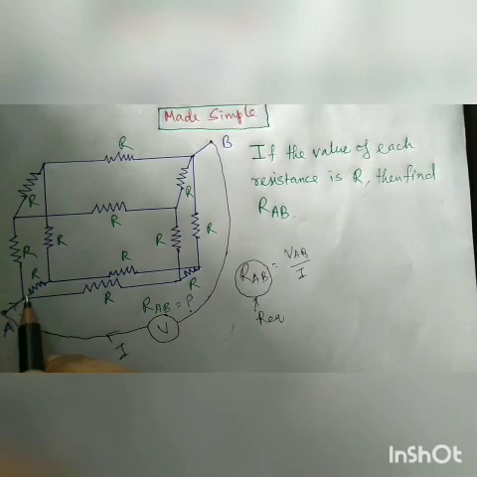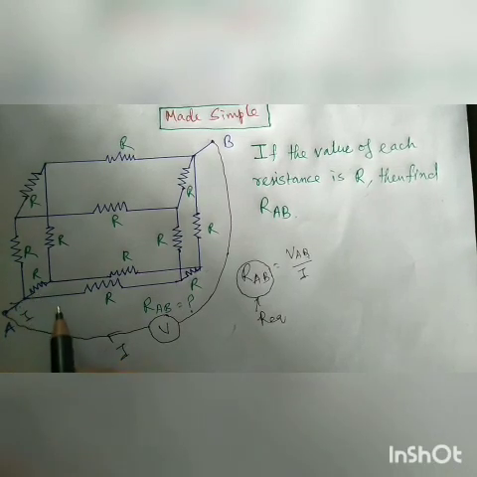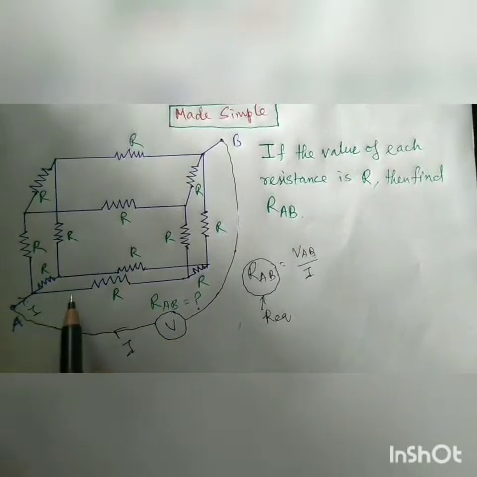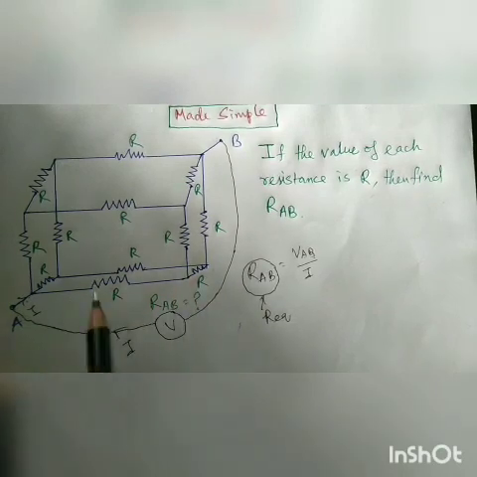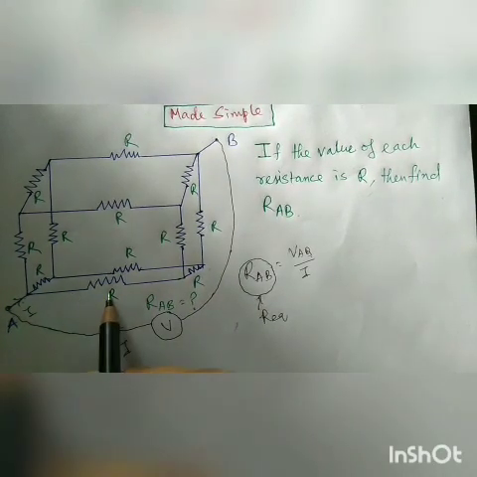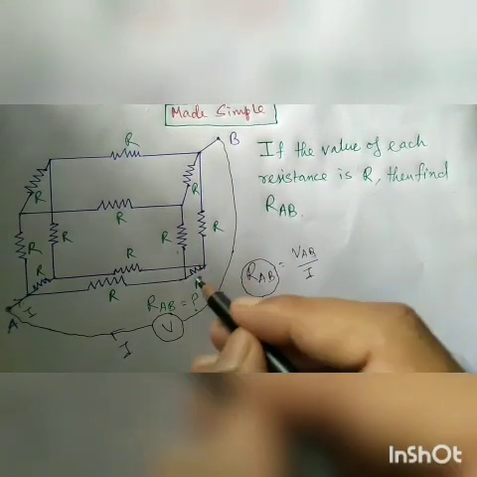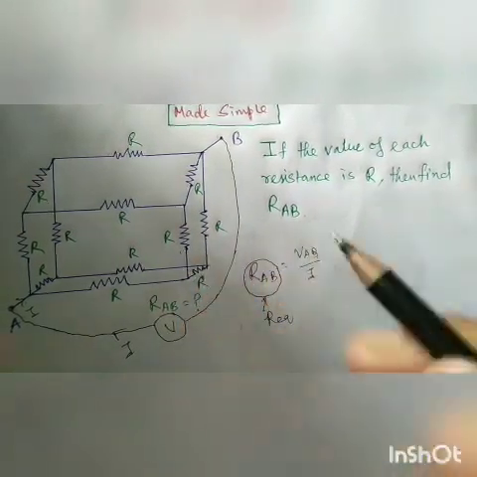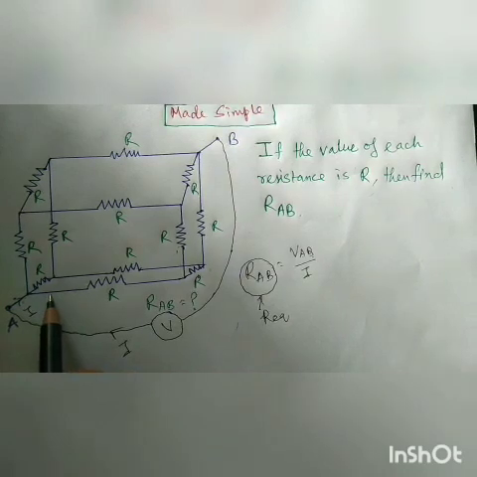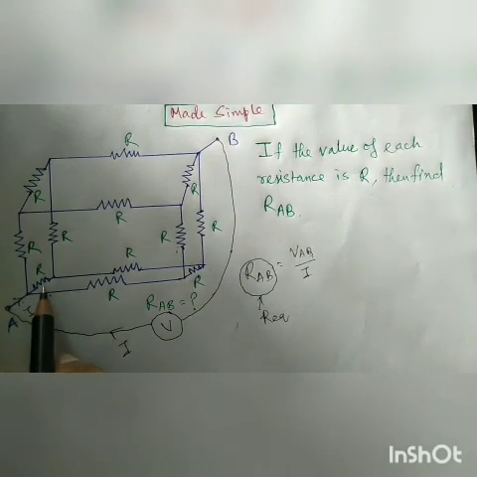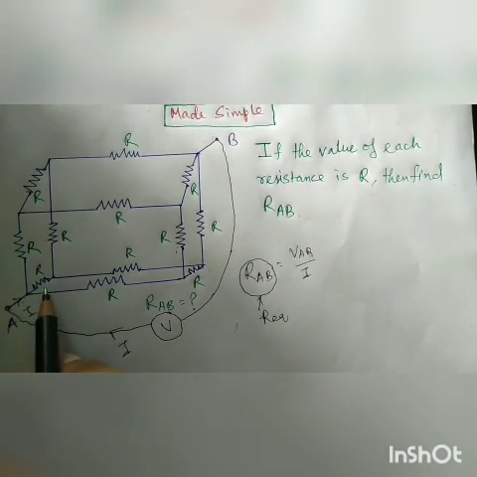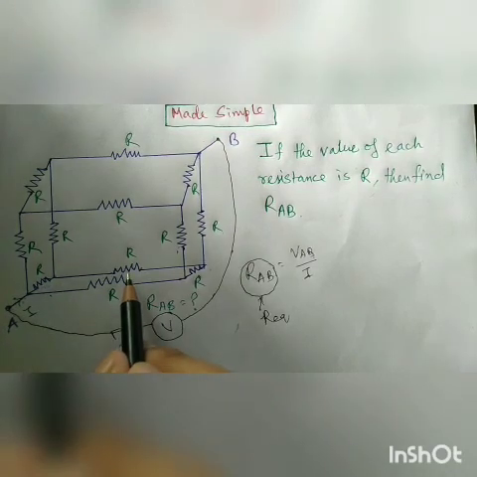Now there are three paths for the current. If we consider this first path, we will find that firstly it will go through this R resistance, then there is one R, both are connected like this. Likewise here also there is one R resistance, thereafter there are two R's.